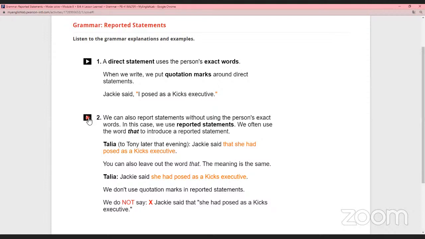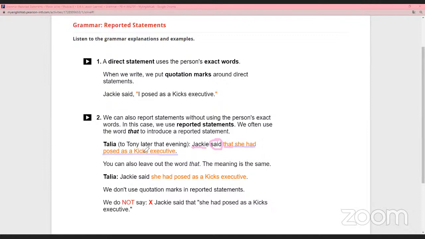So we often use the word that to introduce a reported statement. Later that evening, Jackie said that. Okay, so in this part, we have a reporting verb. First of all, the person who said the reported part, the part that I'm going to report. So Jackie said that, and then we're going to continue with the reported part, right?